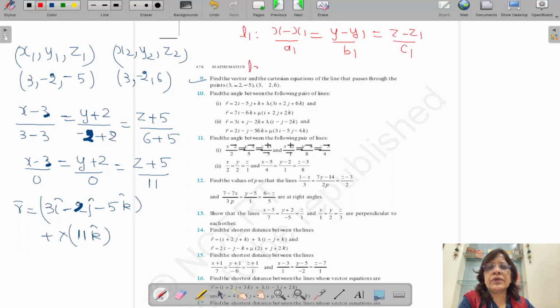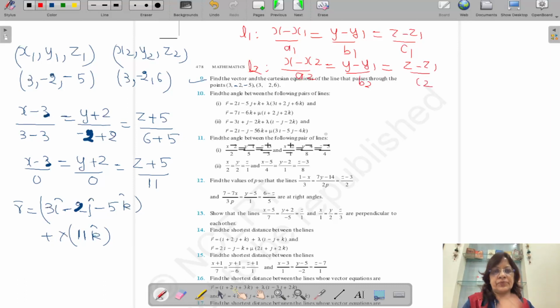And line L2 is x minus x2 upon a2, y minus y2 upon b2, z minus z2 upon c2.